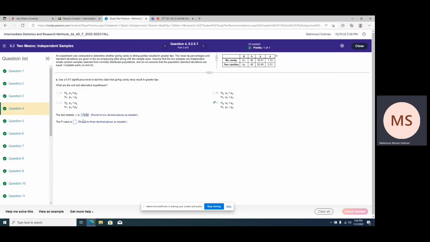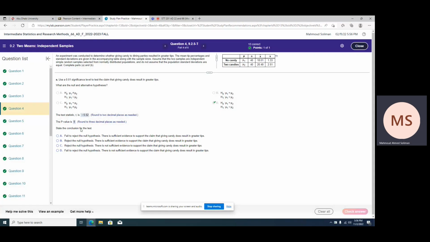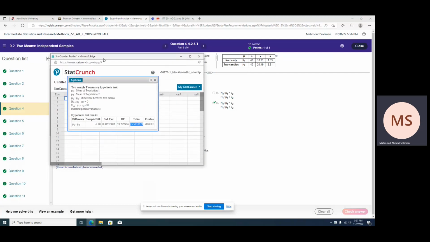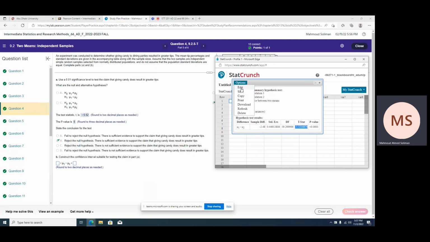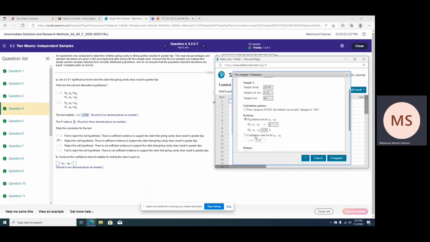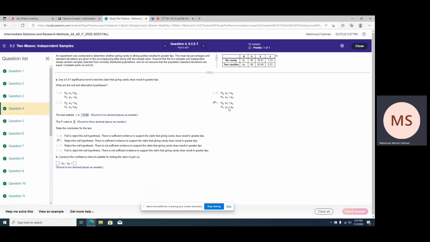P-value, it's 0. So 0 is less than alpha 0.01. So we reject and this is sufficient. Now we have to do the interval. Edit, go to confidence interval, and it's one-tailed because left.